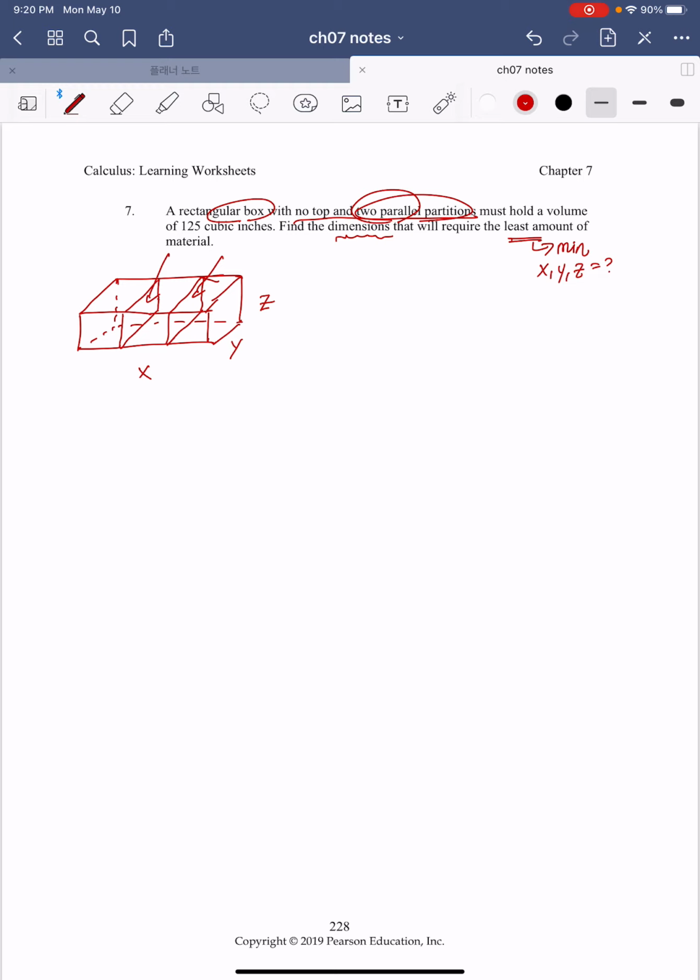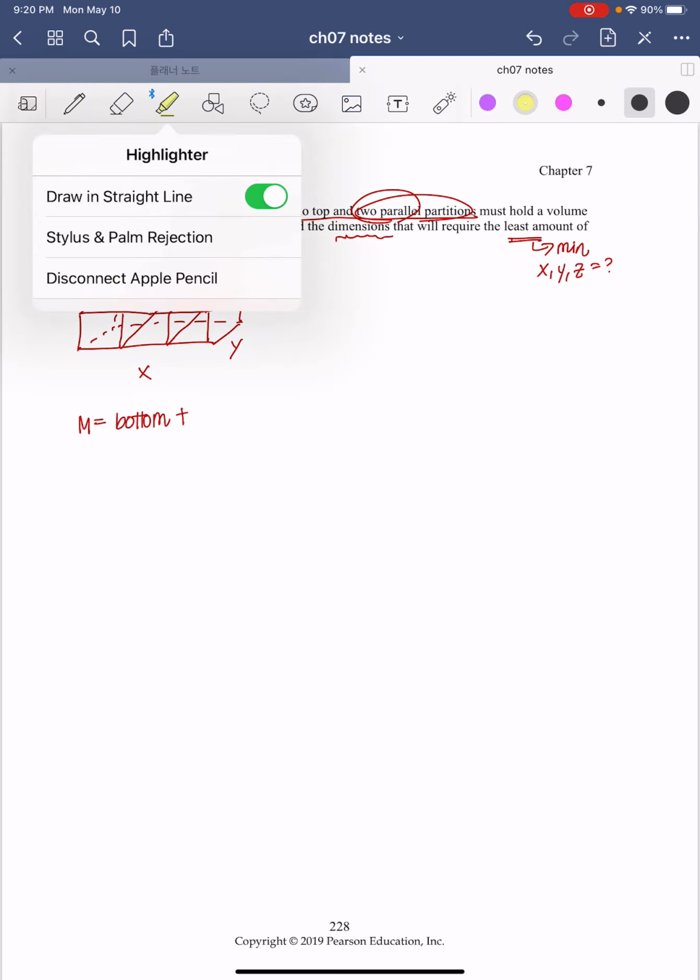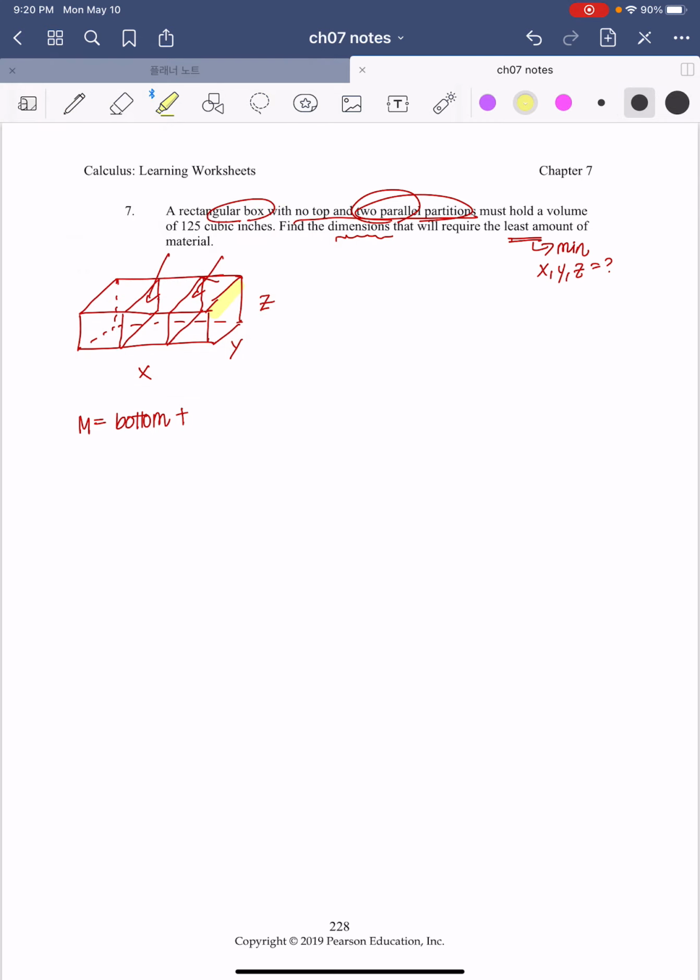So let's come up with the function, I'm just going to call it M. What are the things that create this box? We have the bottom that we need to build, and the sides.